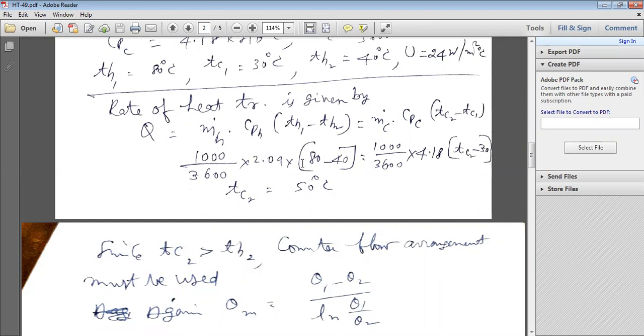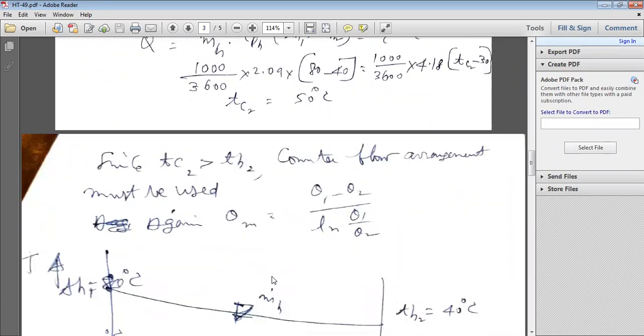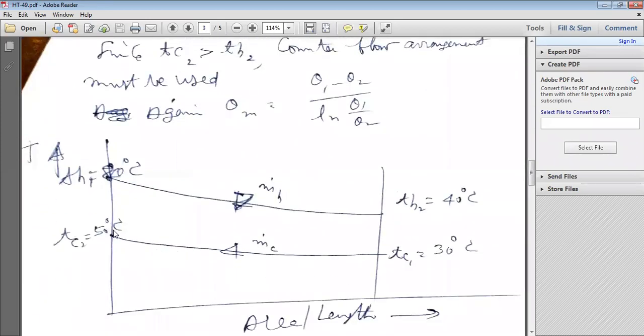After calculation of TC2, it is observed that TC2 is greater than TH2, the temperature of the hot fluid at the outlet. That's why counter flow arrangement must be used. You have to draw the correct diagram in such a way that TC2 is greater than TH2.